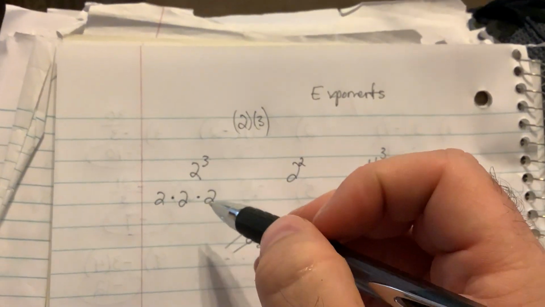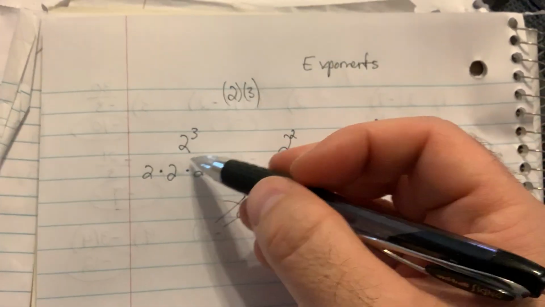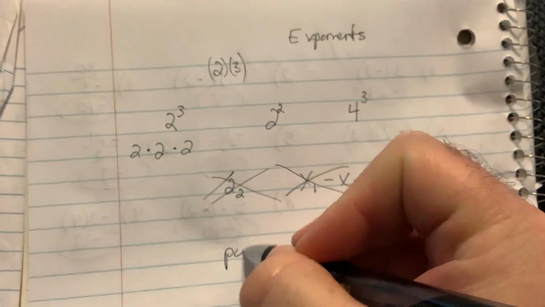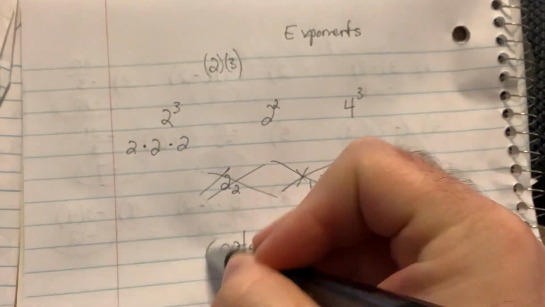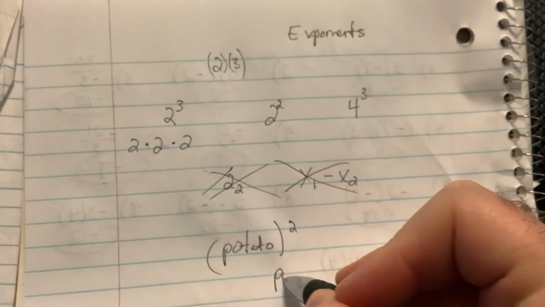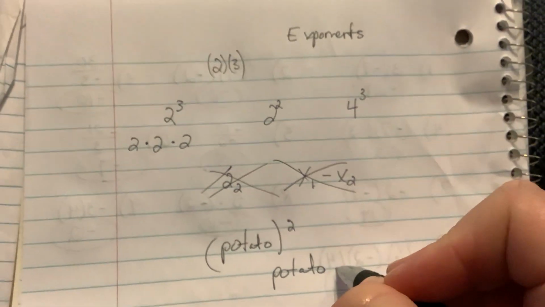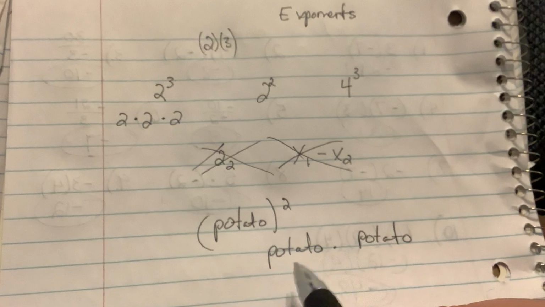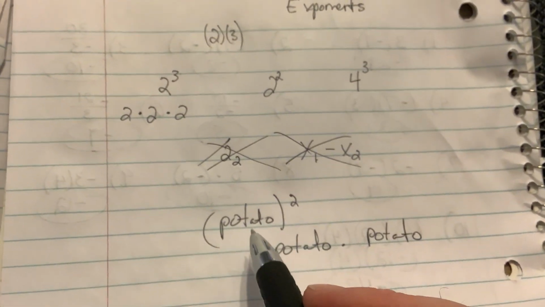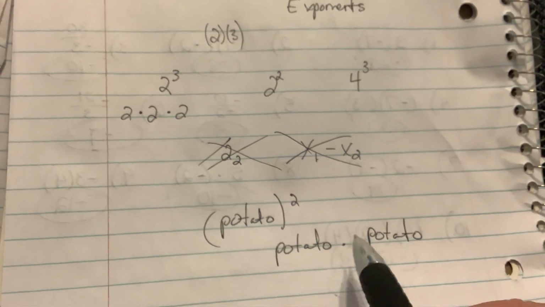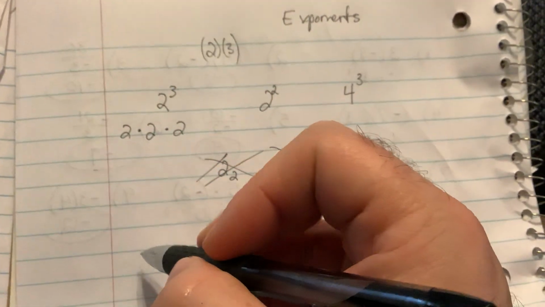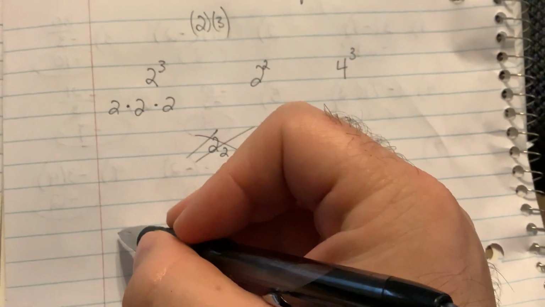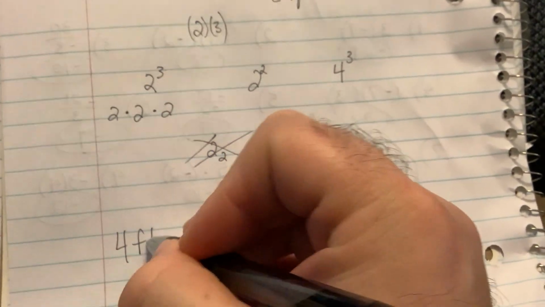You can square anything, or you can take anything and make it an exponent. I do a joke in class that you could do potato, and you could square it, and that means potato times potato. And you say, well, why? When are you ever going to square a word? Well, you do it with measurements, like if I said something is 4 feet square.